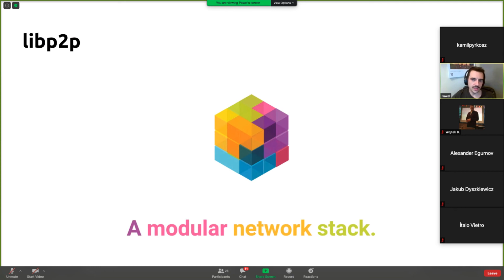So also, if you are interested in distributed systems and networking and creating peers, then I highly recommend that you look into libp2p, which has one of the implementations written in Go.